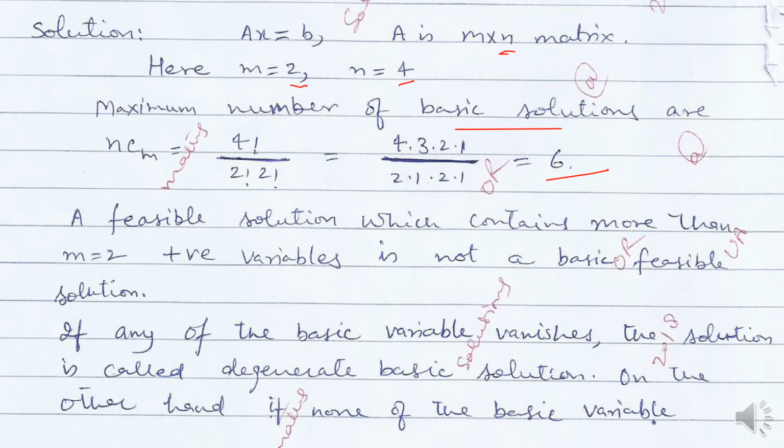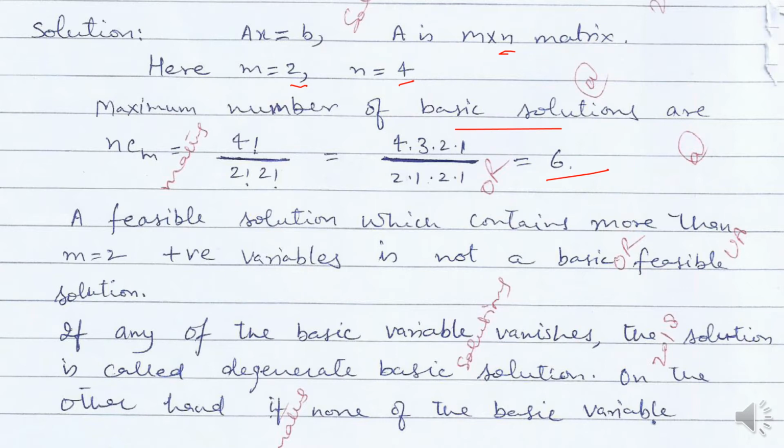Now we see the definitions of basic feasible, degenerate and non-degenerate. Later on once again we will see the definition. A feasible solution which contains more than m, that is 2, positive variables is not a basic feasible solution. So only 2 non-zero values will be there, because m is equal to 2.